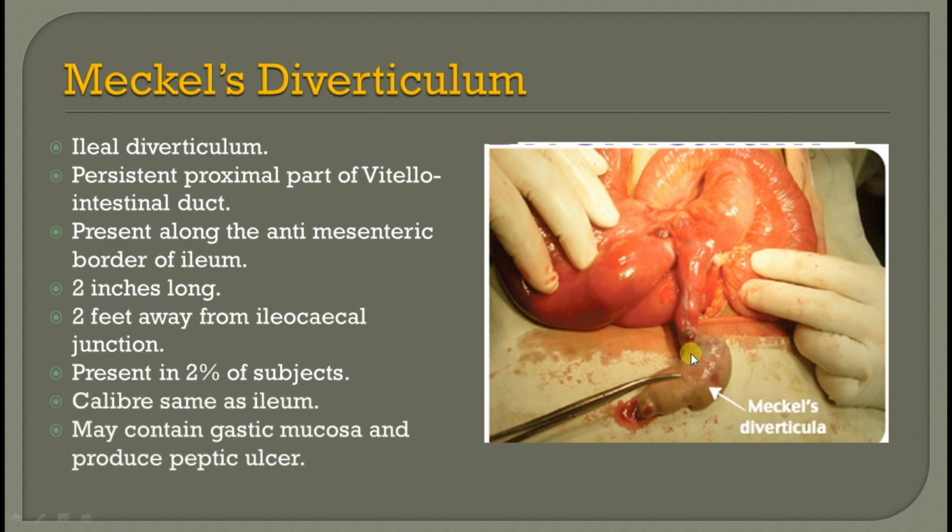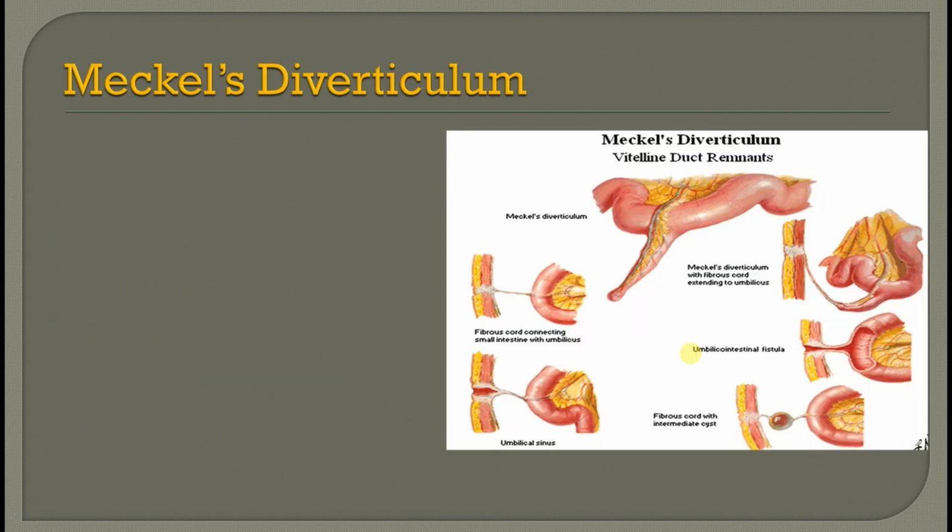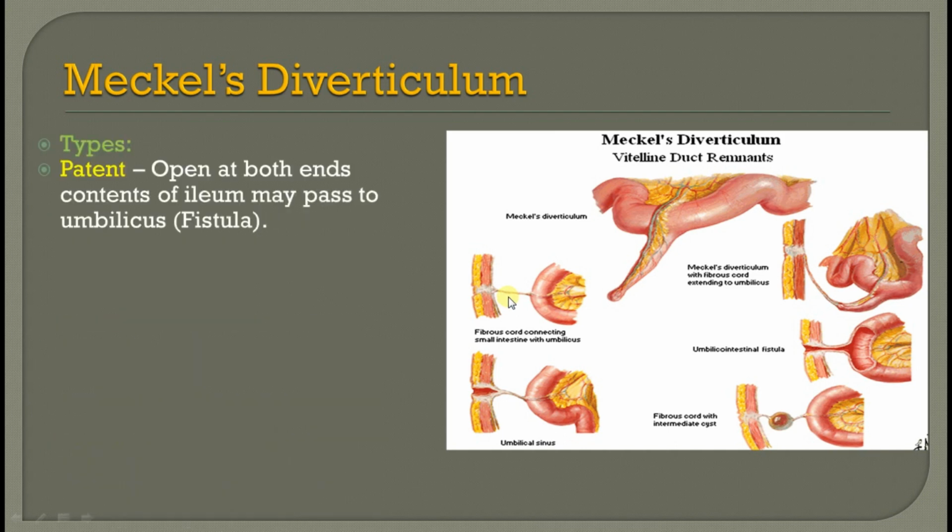Because of that, most commonly it might get inflamed, or else this diverticulum might present in one of the following forms which we are seeing here. The whole of the duct between the anti-mesenteric border of the ileum and the umbilicus, the vitelo-intestinal duct, might be reduced to a fibrous cord.